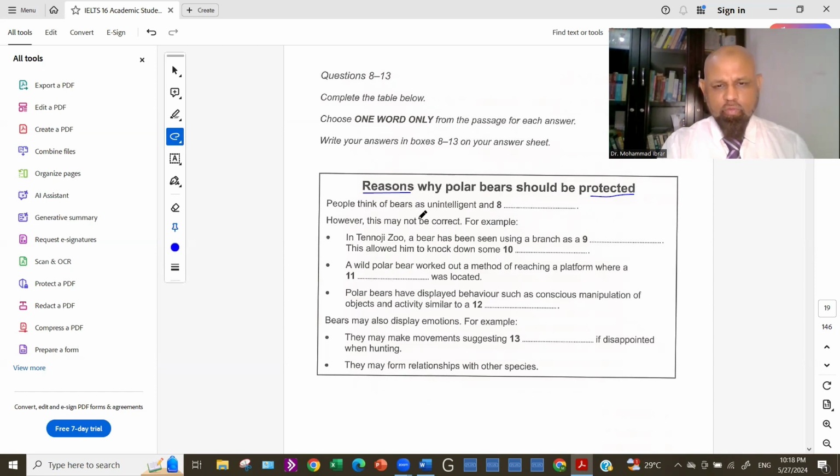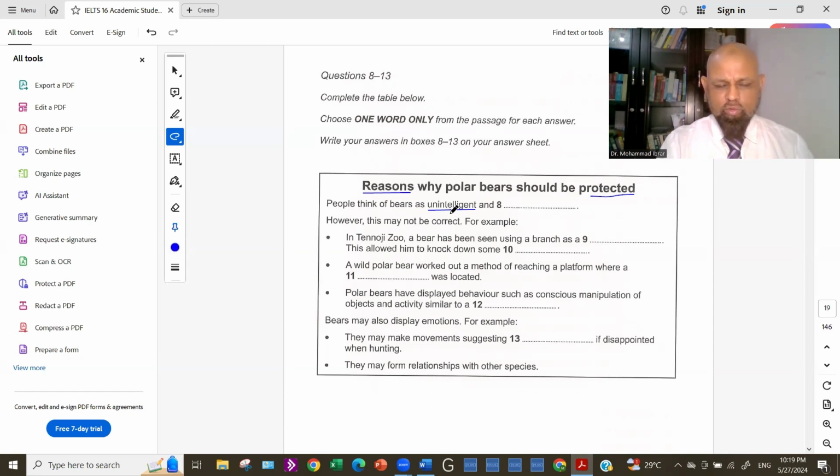People think of bears as unintelligent. So unintelligent is important. And unintelligent and what? So another word would be an adjective here. Like unintelligent is an adjective. So we have to find another adjective. Why? Because the linker 'and' is given here. So you may not find the exact word like unintelligent here.